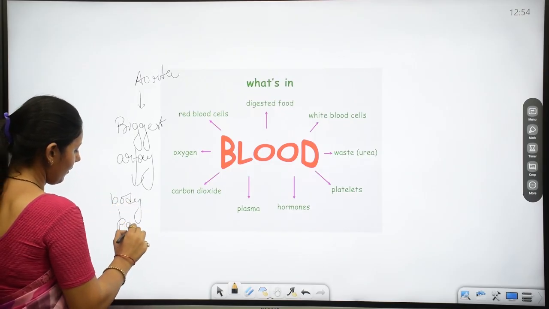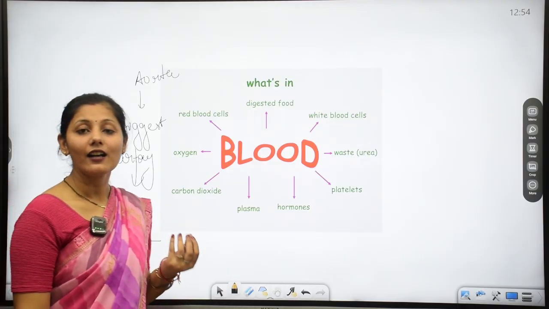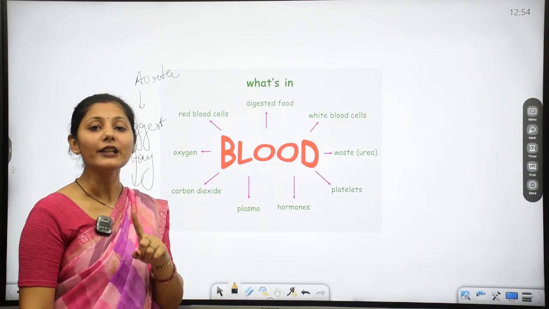And this way our one circulation completes.